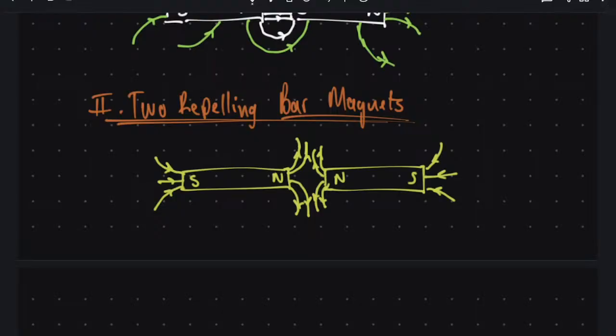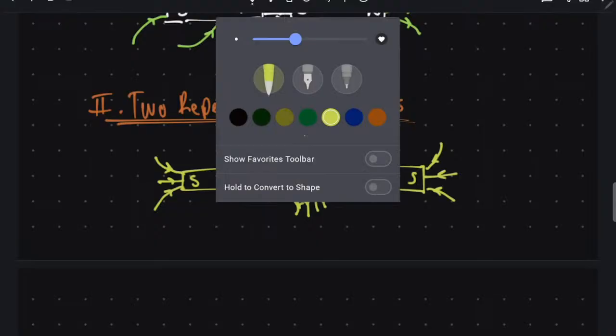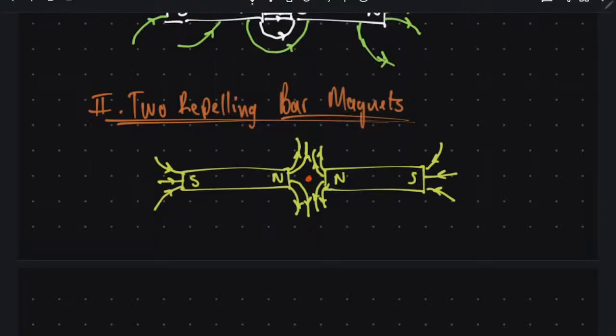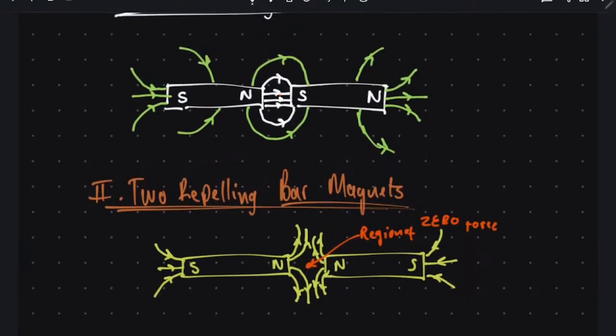What I need you to know is that if you go to this region here, between two repelling bar magnets, this is a region of zero force. But if you come here, you have a uniform field, and what you'll be having is the strongest point.